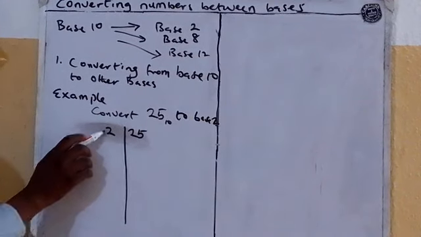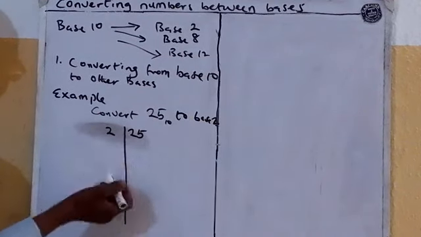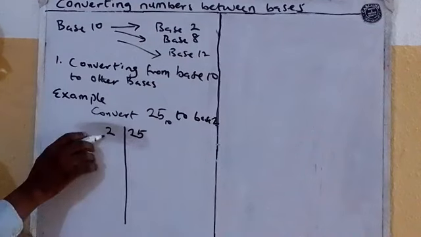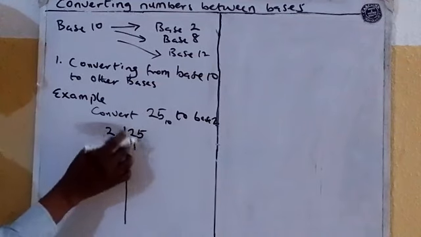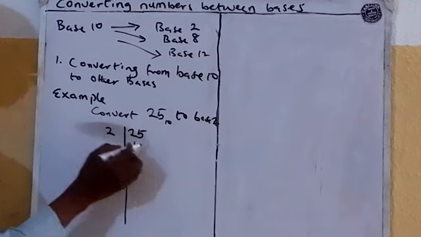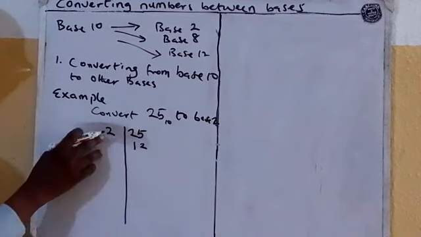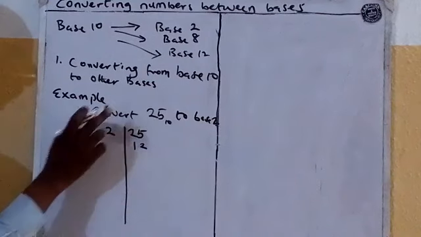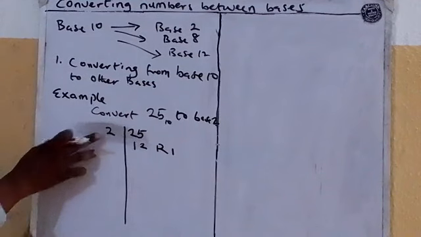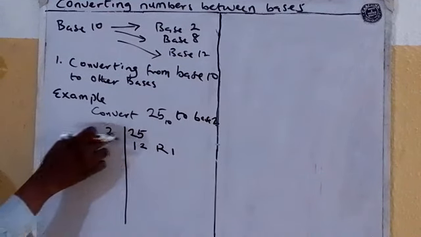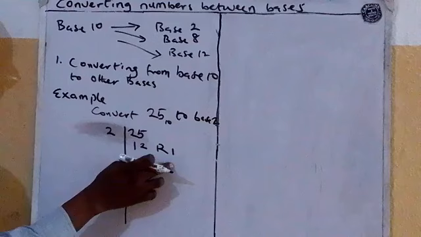Now I will be saying 2 into 25, which is the same thing as saying 25 divided by 2. 2 into 25: 2 into 2 is 1, and 2 into 5 is 2, because 2 times 12 is 24, but it's remaining 1, so remainder 1. So 2 into 25 is 12 remainder 1.